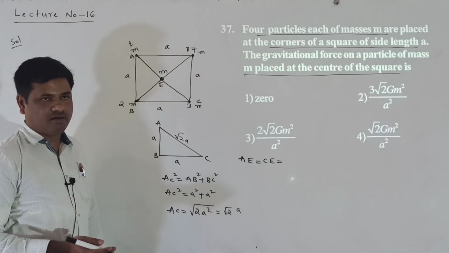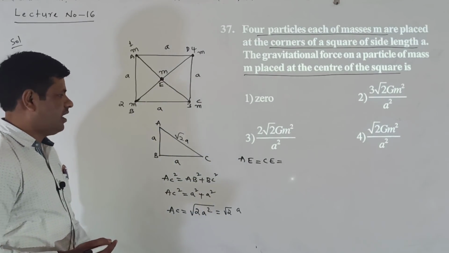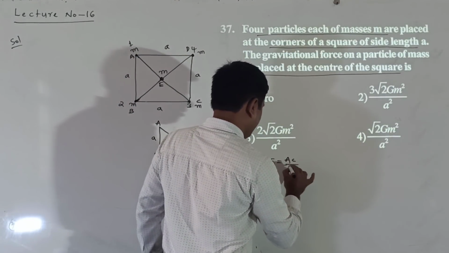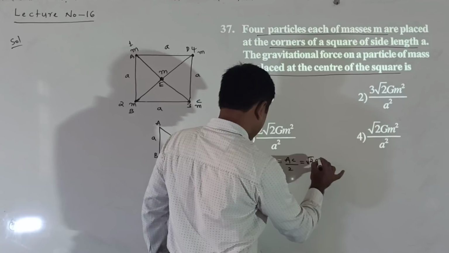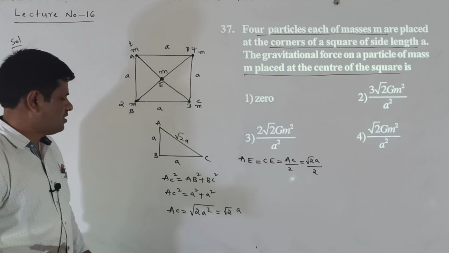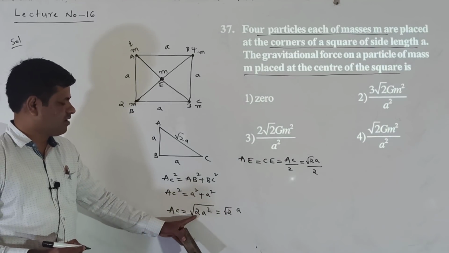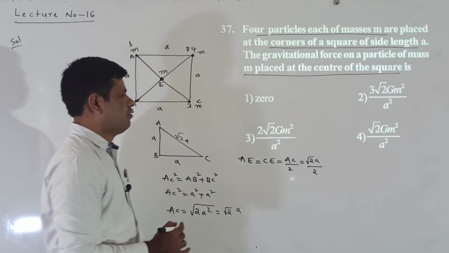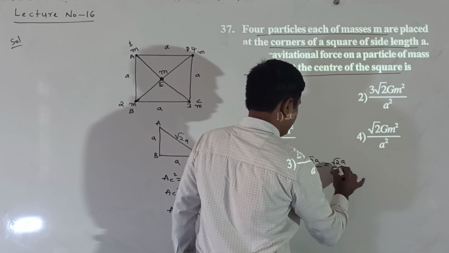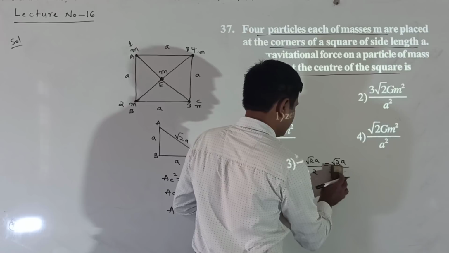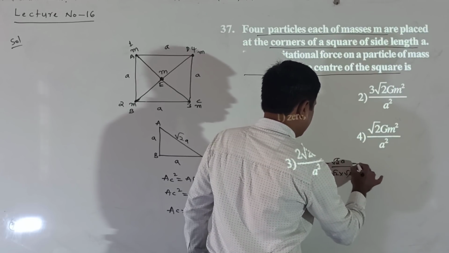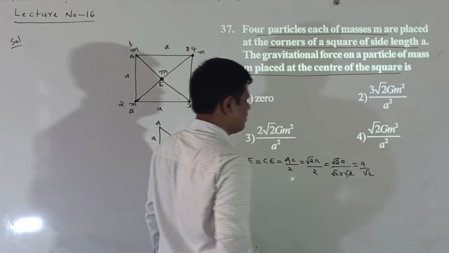AC is called the diagonal, and the diagonal is root 2 A. AE is half of the diagonal, that is AC by 2, which is root 2 A by 2. Writing 2 as root 2 into root 2, the root 2 cancels, and we get A by root 2.